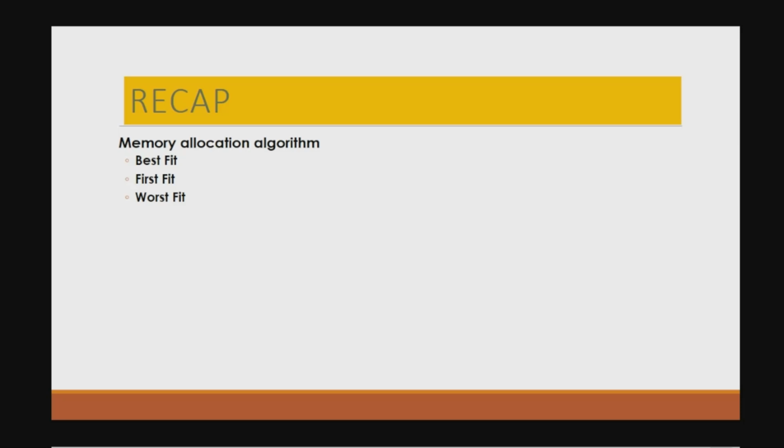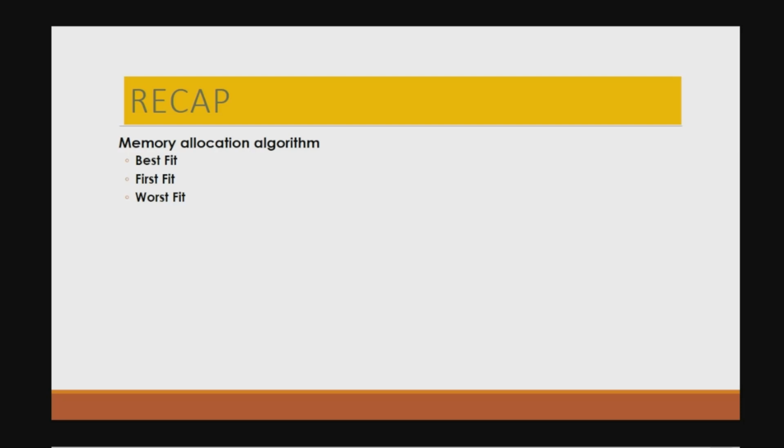From the previous video that we learned in chapter 8 about the main memory, we know that there are several allocation algorithms. An algorithm is like steps that we need to go through in order to solve a problem. So for memory allocation, we have the best fit algorithm, first fit algorithm, and worst fit algorithm.